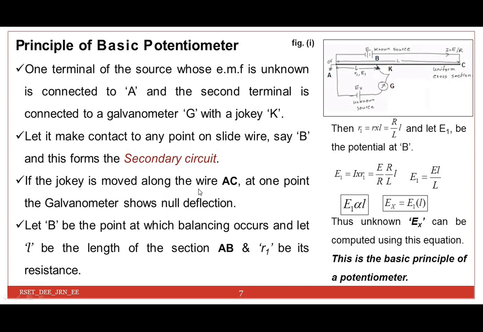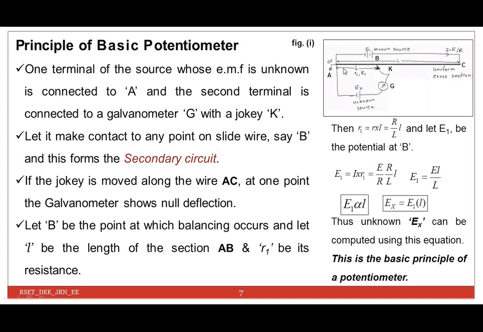If the jockey is moved along the wire AC, at one point the galvanometer shows null deflection. Let B be the point at which balancing occurs, or null deflection occurs, and let small l be the length of the section AB. So this much length is treated as small l. And let R1 be its resistance.